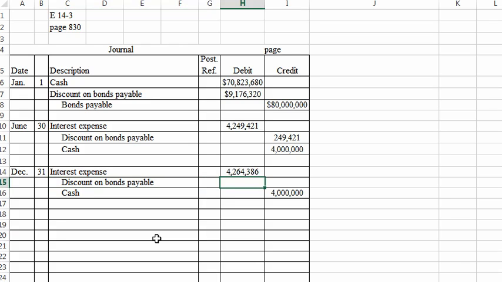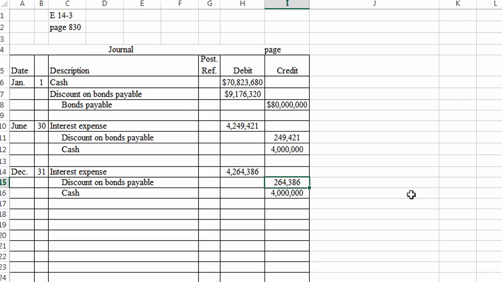Discount on bonds payable goes on the books as a debit, has to come off the books as a credit. So it's equal to our $4,264,386 minus the $4 million. So it's $264,386 is our credit to discount on bonds payable.